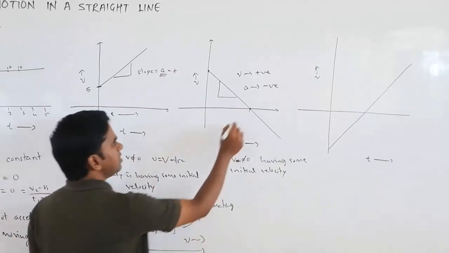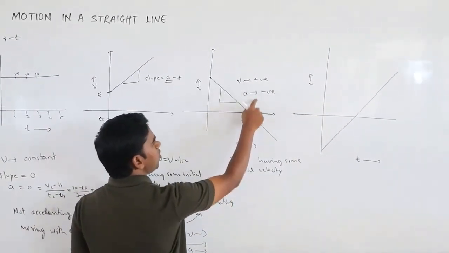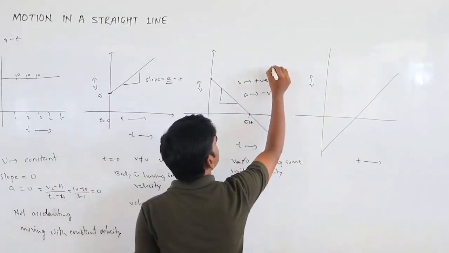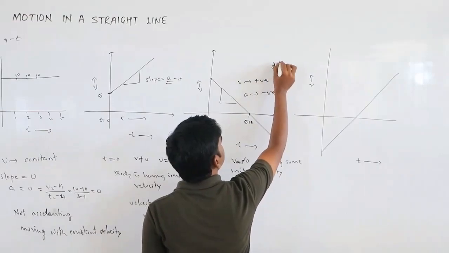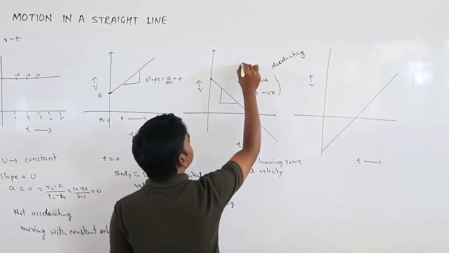You can say this is some 5 seconds. So till 5 seconds, these two are opposite. These two being opposite means the body is decelerating, or velocity is decreasing.